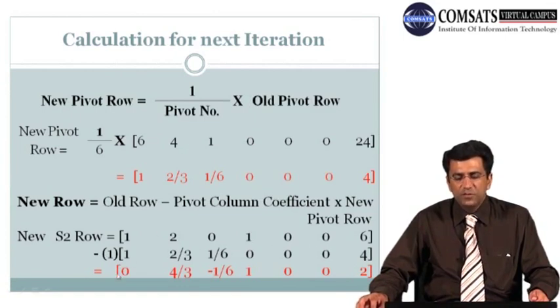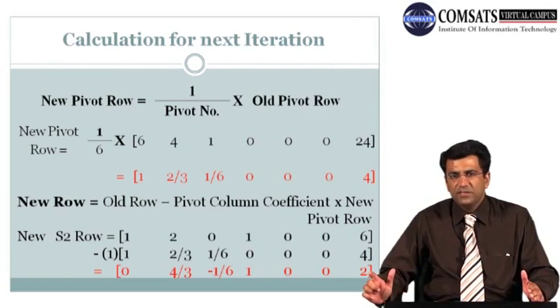If we solve this equation, we will get the new S2 row equal to 0, 4/3, -1/6, 1, 0, 0, 2. You must also know at this point how we are doing this calculation, because I have already explained this calculation in our last lecture.